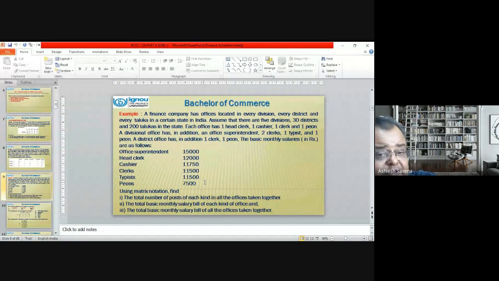Using matrix notations, find the number of posts of each kind in all the offices taken together. Secondly, the total basic monthly salary bill of each kind of office. And the third one is the total basic monthly salary bill of all the offices taken together.